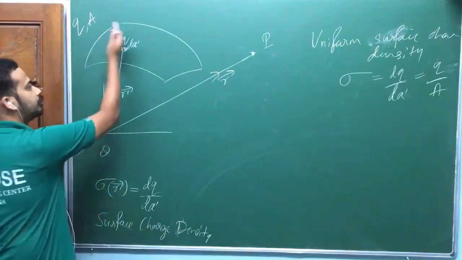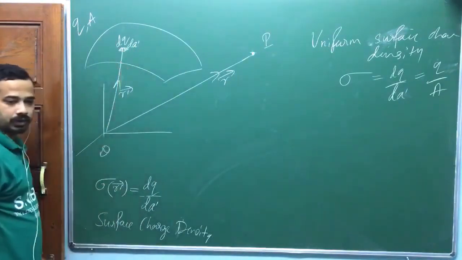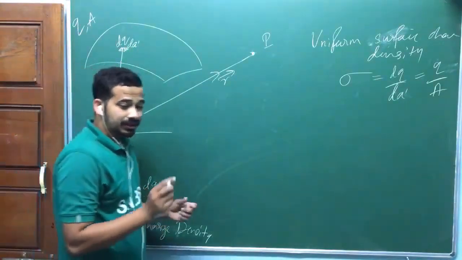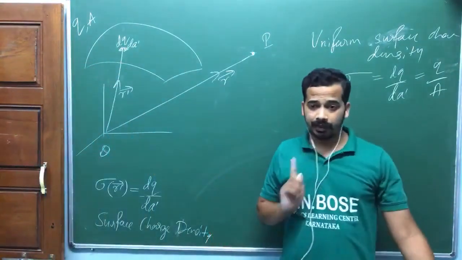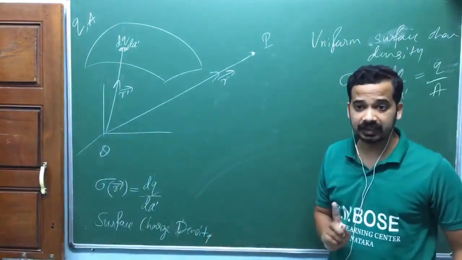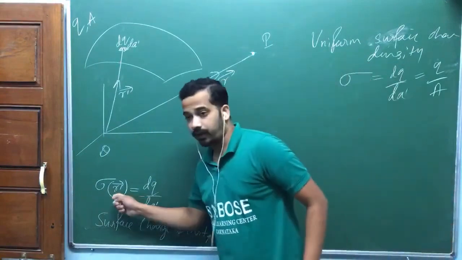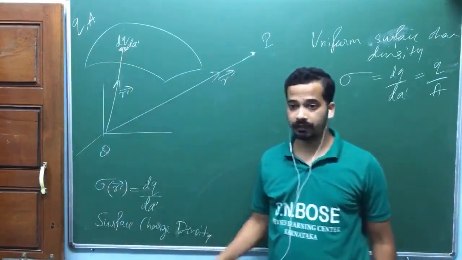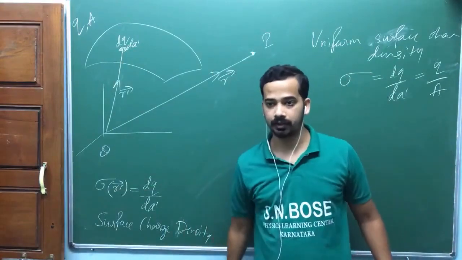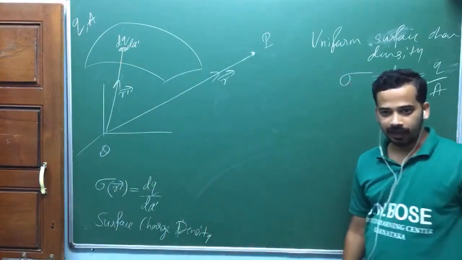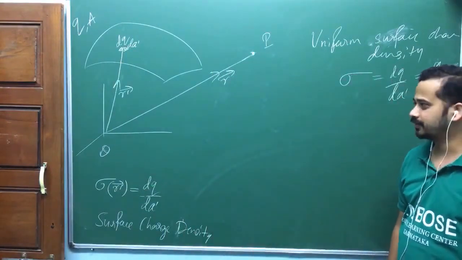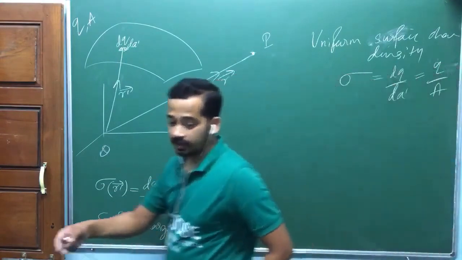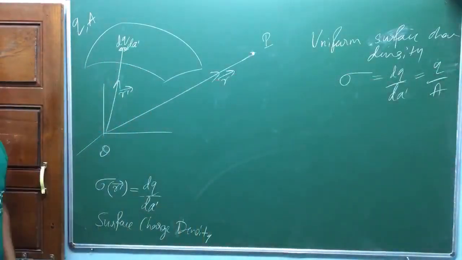That means even if you move r prime, sigma will not vary. Remember, these charge densities are point variables. It's a function of a point, r prime. You can define a charge density at an arbitrary point.